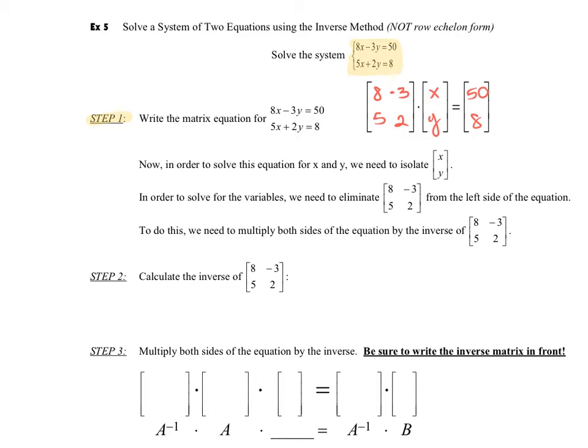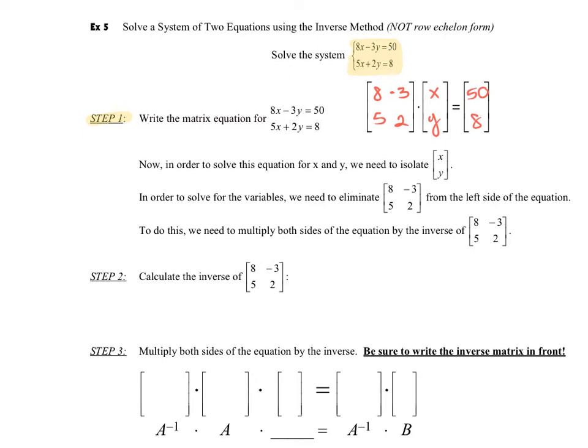What we want to do in order to solve this equation is isolate x and y, just as you normally would in any type of solving situation. So in order to solve for x and y, we need to get rid of this whole coefficient matrix. And what we understood from the previous video is that if we multiply a matrix by its inverse, we will get the identity matrix, okay?